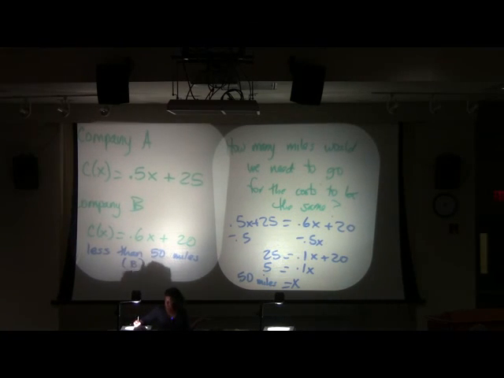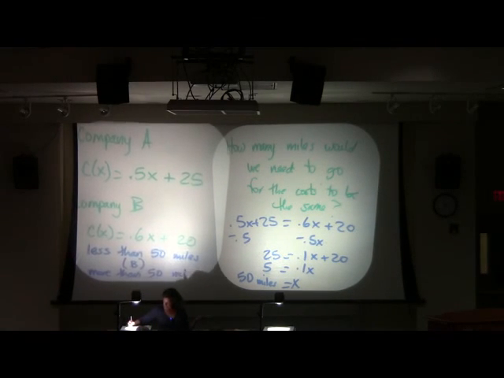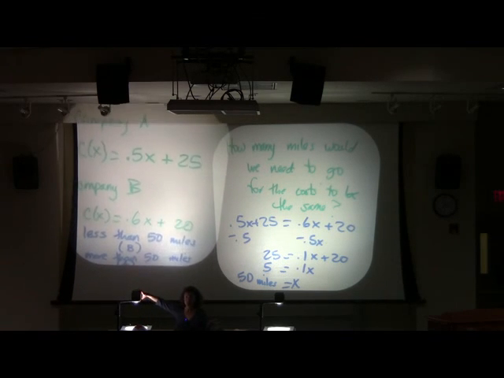But I claim company B would be cheaper. If I'm driving more than 50 miles, I claim we should then go with company A. If you're unsure of that, take any number greater than 50, take 90. And if you drive 90 miles, see what the cost would be with each company. I claim it would be a lot cheaper with company A. Are you guys with me?